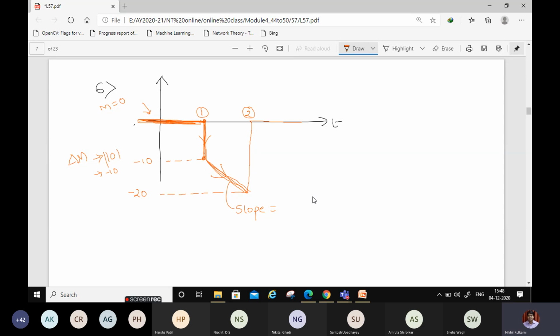Until you get perfection here, always practice this. Nobody is born genius, so you have to practice. Starting points are x1, y1: 1, comma, minus 10. Ending points are 2, comma, minus 20. So slope will be what?